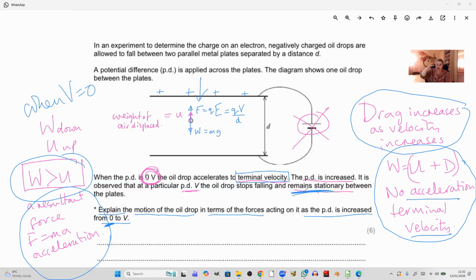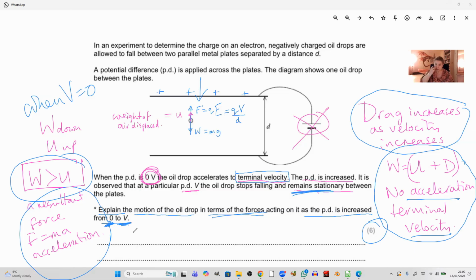Now, can you see how many bits of explain you've got to put in? This is 6 marks. So you must explain the motion. You must talk about the forces. You must do it for both 0 volts and as you increase to V. So basically, you've got to explain terminal velocity.